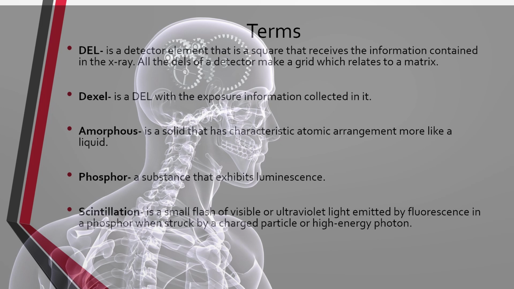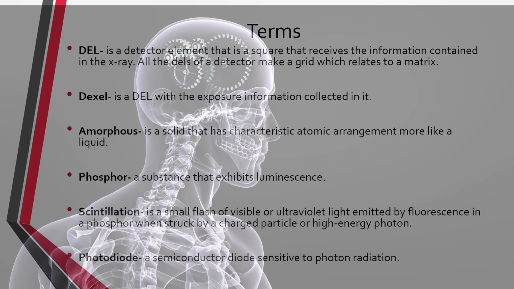And notice it says by a charged particle or high energy photon. So it could be a particle, a neutron, or electron, or something like that. But what's useful to us is the high energy photon, and X-rays are very high energy on the electromagnetic spectrum.